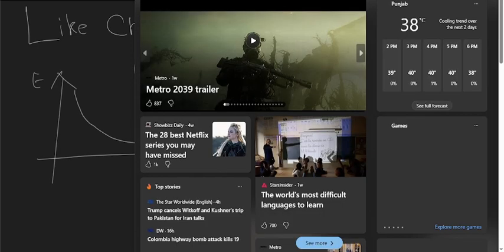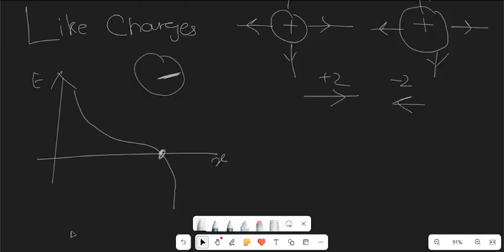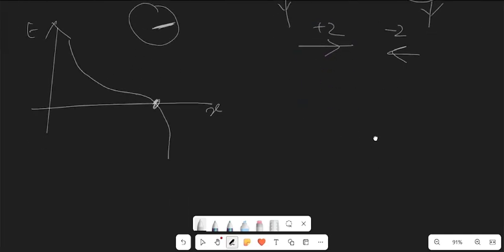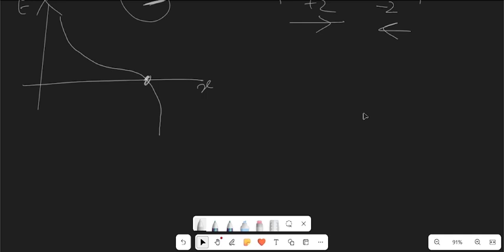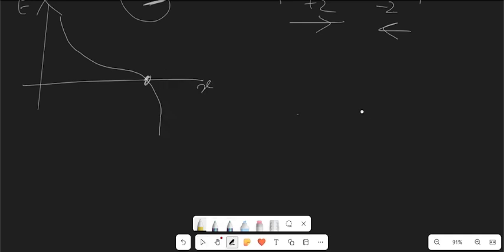But if you look at it here, the field strength is 0. That is why we're not going to touch it. We're just going to start from a certain point, right? But what happens when you take a look at the graph for V against x?